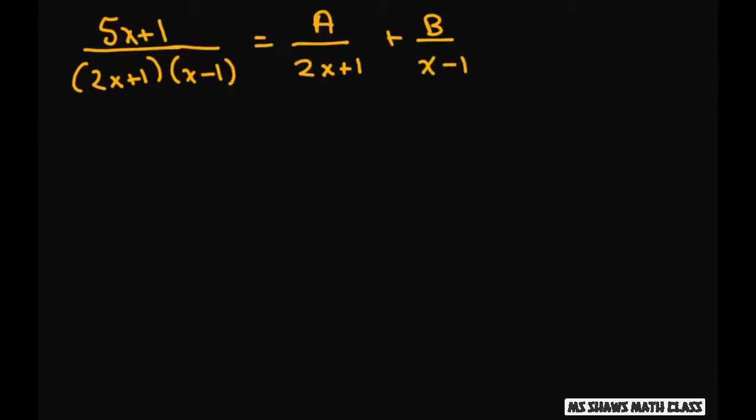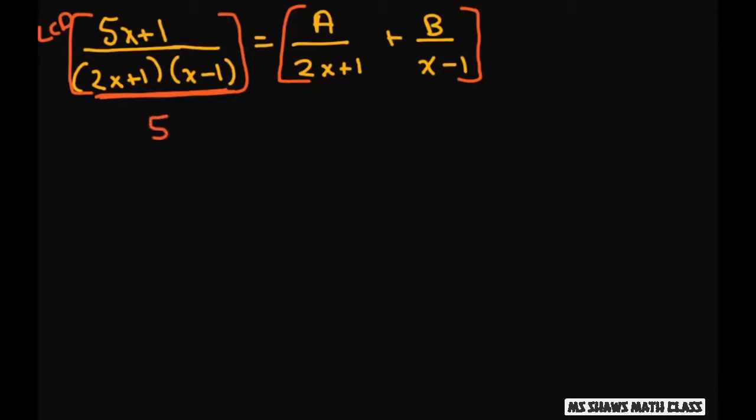Now let's clear the fractions by multiplying both sides of the equation by our least common denominator, LCD. If you multiply the left-hand side by this, you're just going to get 5x plus 1, because that will cancel out.